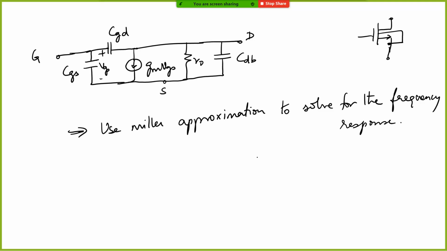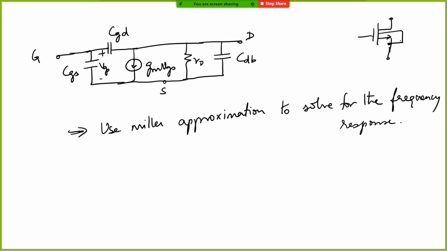Why did we ground that CSB capacitor? Here, ground as in I have tied the bulk and the source together. This is a source node.